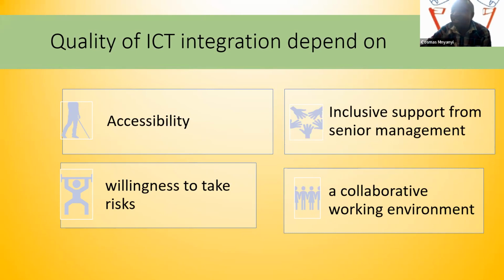There must be inclusive support from senior management, because if senior management are not there, they cannot support that initiative. It's difficult. And there must be a collaborative working environment, where we are all working in this space. In that way, we are sure the quality of ICT will be clear.